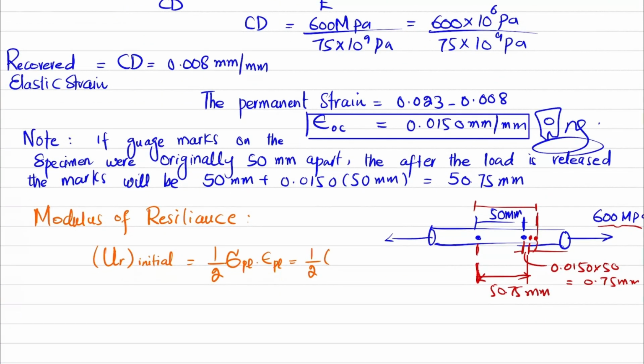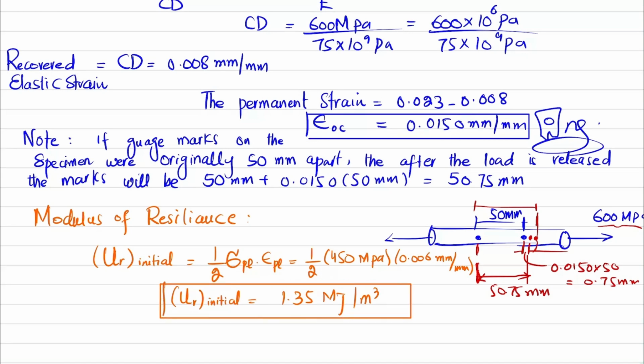So I can write 450 megapascal multiplied by 0.006 millimeter per millimeter. When you solve this, you will get modulus of resilience initial comes out to be 1.35 megajoule per cubic meter. Now this is the amount of strain energy per unit volume absorbed till the proportional limit for the initial loading.